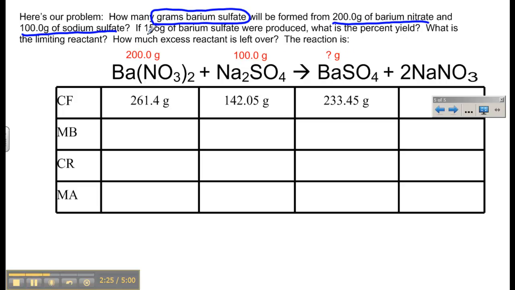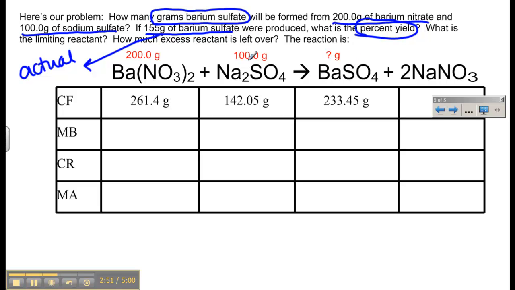And then it says if 155 grams of barium sulfate were produced, what is the percent yield? Alright, so remember for percent yield I have to have actual and theoretical. So this 155 grams is my actual yield. Okay, so I'm going to have to calculate my theoretical yield for my barium sulfate.